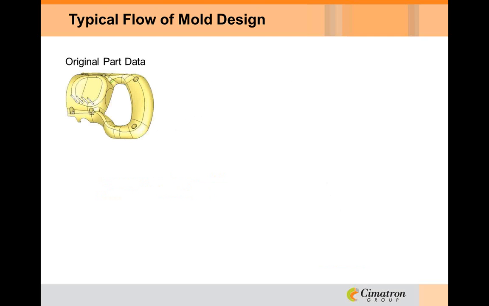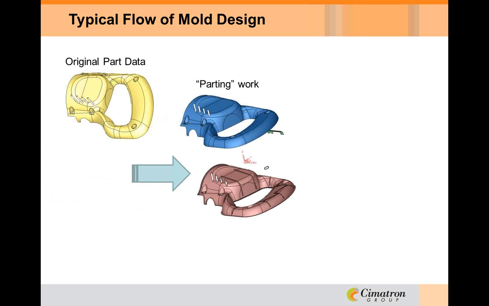To set the stage for talking about engineering changes, we have to recognize that the process of designing a mold has several steps. Everything, of course, starts when the plastic part data is received, but then the mold designer begins working on that data, breaking it down into groups that have a pull direction.